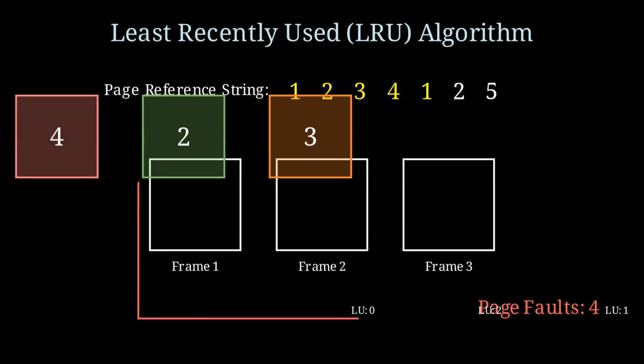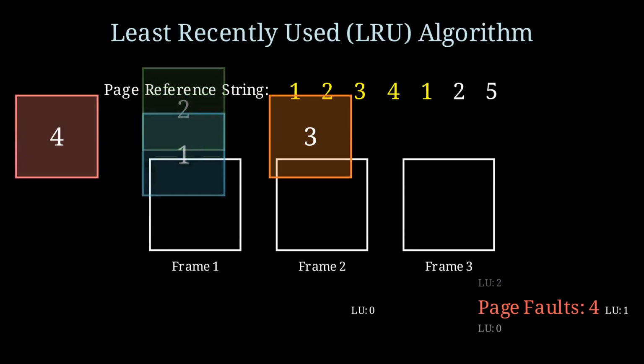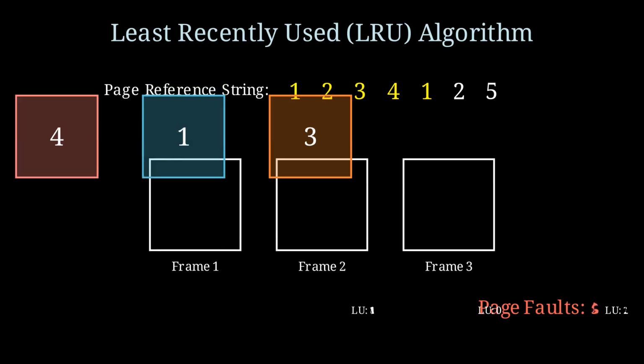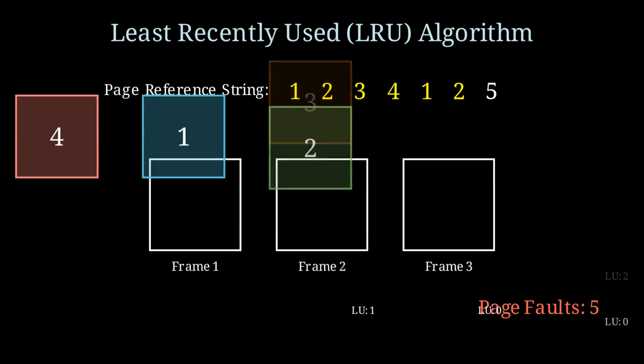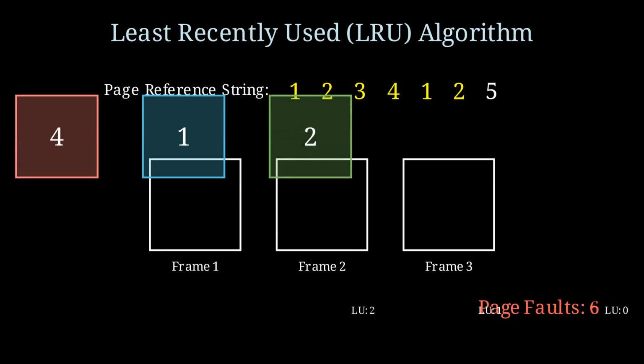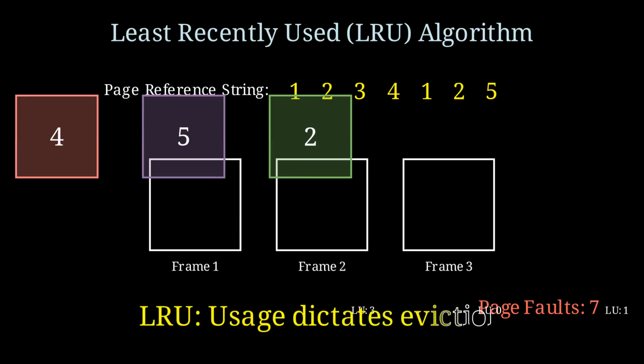Next, page 1 arrives. Page 2 is now the least recently used, so it is replaced. Then page 2 arrives. Page 3 is the least recently used, so it is replaced. Finally, page 5 arrives. Page 1 is the least recently used, so it is replaced. Notice how usage dictates eviction.